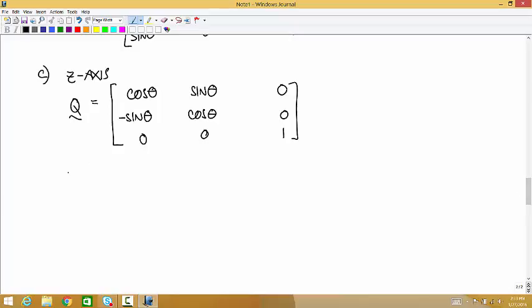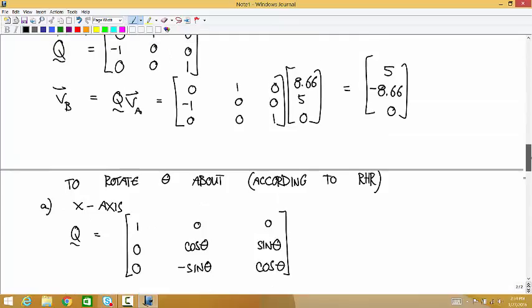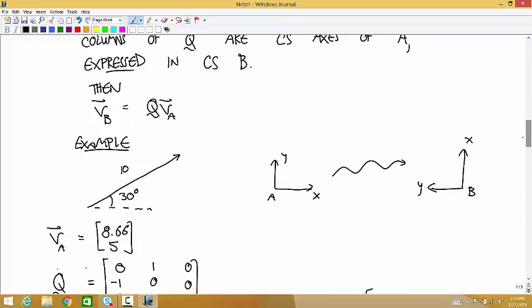So that previous example, this rotation was a positive rotation of 90 degrees about the z-axis. Okay, starting here. Thumb's in the direction of the positive z-axis, and we rotate it that way.